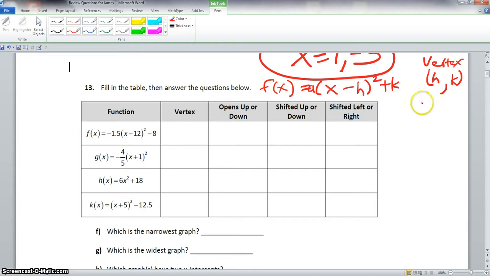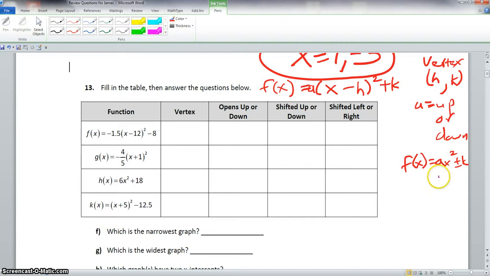Now we know a determines if your graph goes up or down. If a is negative, it goes down. If a is positive, it goes up. Okay, now there's another formula we're going to use here, which is f of x is equal to ax squared plus or minus k.